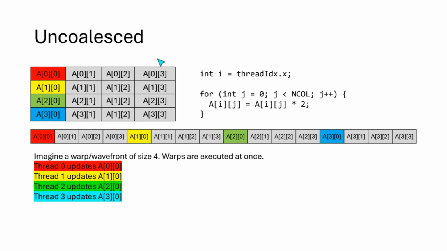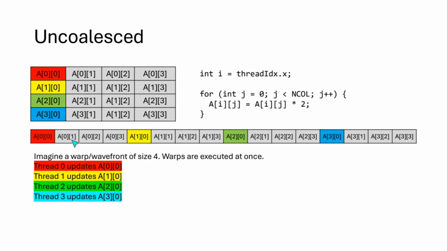If the execution is in that way, when we perform that for loop, you see that this is our matrix representing 2D, but normally memory is represented as a line, in one dimension.